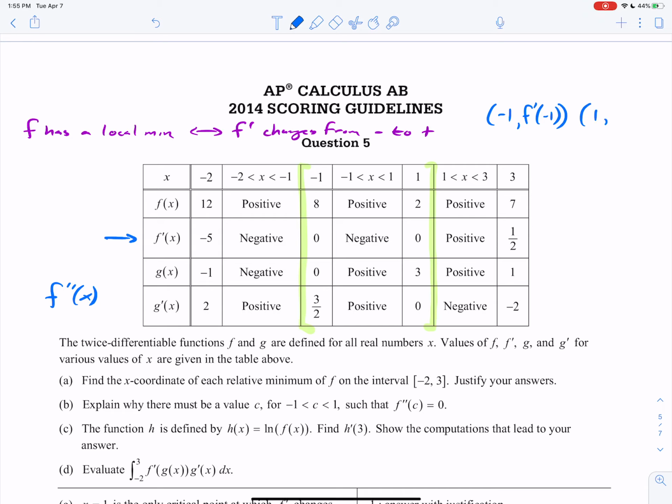And at 1, we have f prime of 1. So using what we know about the values, let me take a look here. F prime of -1 is 0. Okay, and so is f prime of 1.